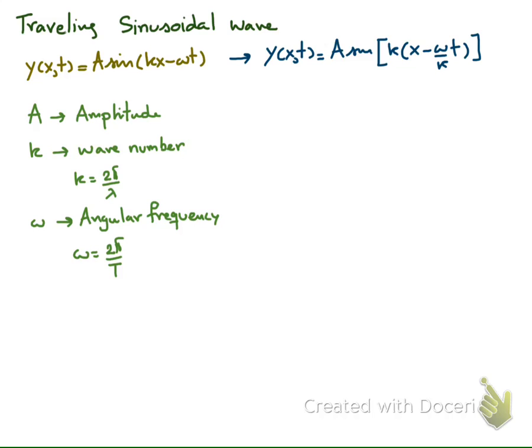And if we compare with the general functional form of the traveling wave, y(x,t) is equal to f(x minus vt).